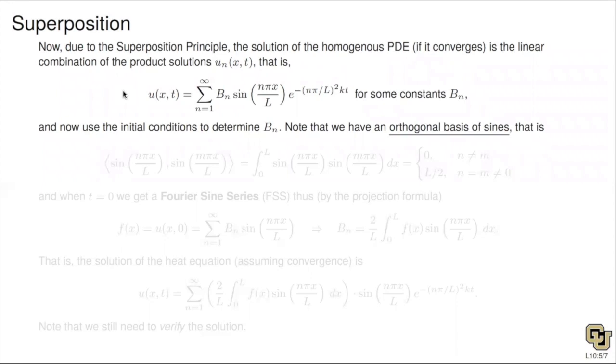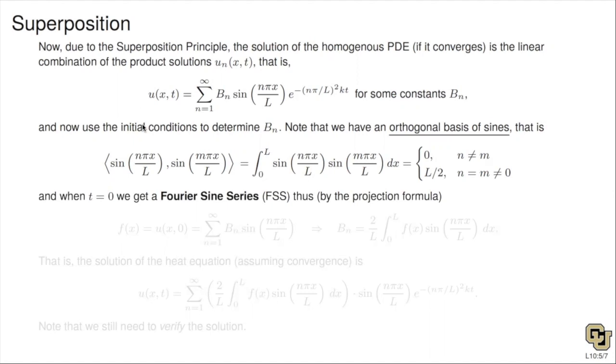The sines and cosines are orthogonal. The sines and cosines with constants are orthogonal. So we can actually repeat the Fourier series just using the sine functions. So we can treat just the sines by themselves as an orthogonal basis, and we can create what's called a Fourier sine series.